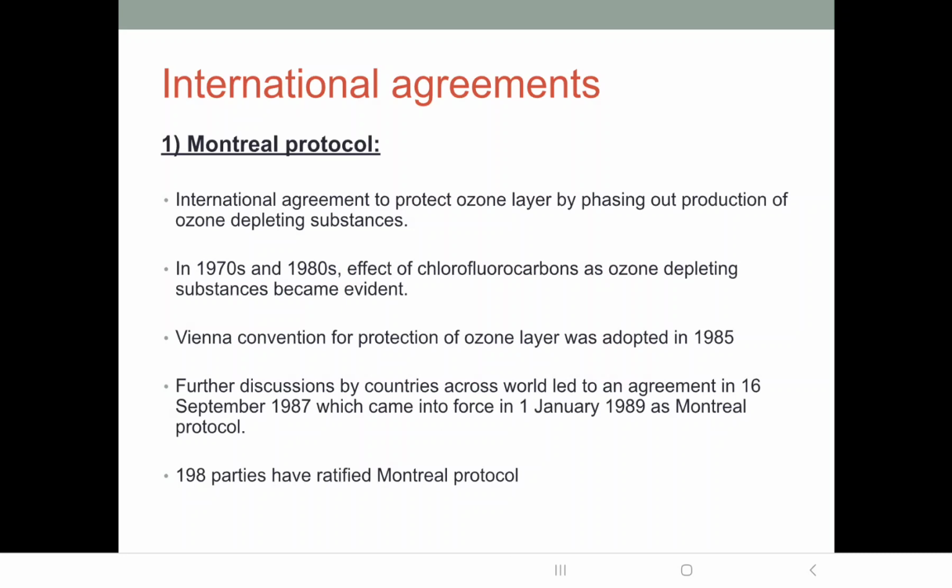So you should remember why the Montreal Protocol came into existence. In the 1970s and 80s, discoveries were made highlighting the adverse effects of the use of chlorofluorocarbons and other human activities on the levels of ozone present in the stratosphere, and the ozone hole was also discovered.